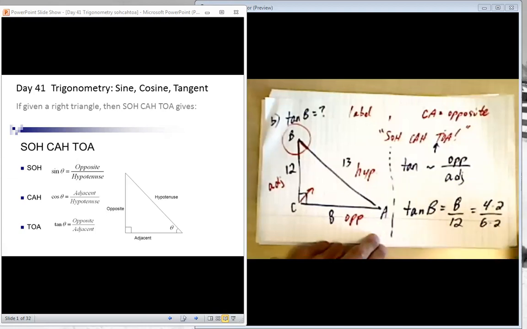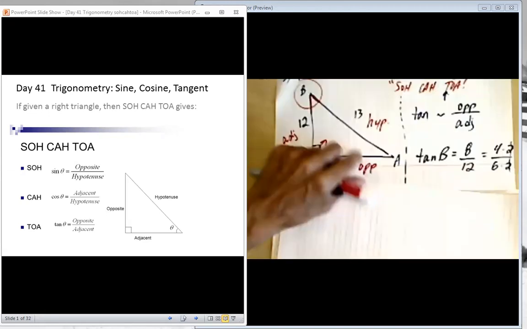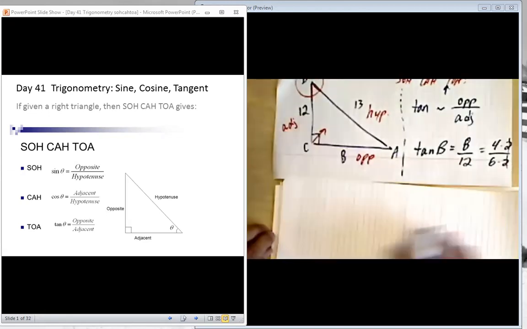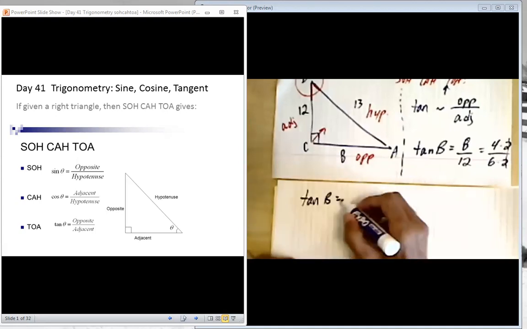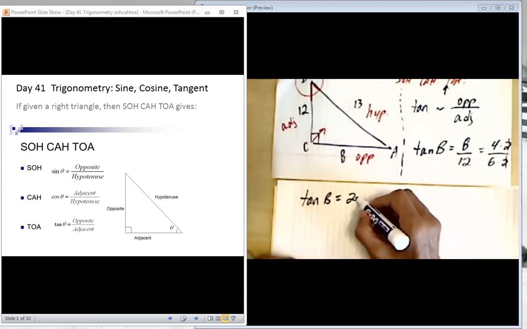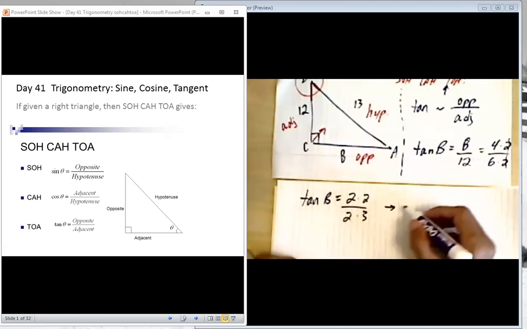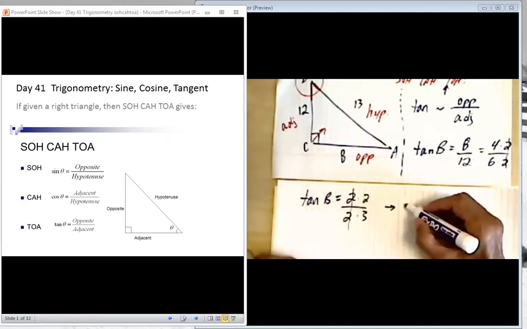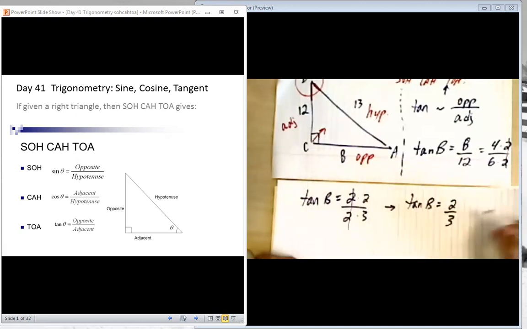What can we do? Divide out the 2. So 8 turns into 4 times 2, 12 turns into 4 times 3. And so tan B is equal to 2 over 3.